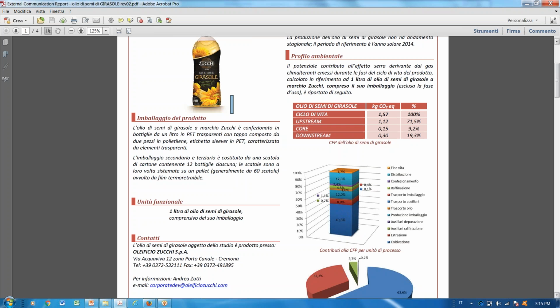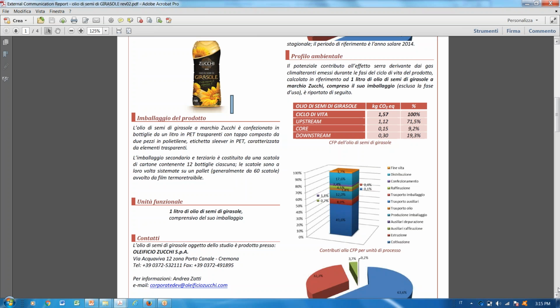Another problematic phase is distribution, because of the emissions produced by vehicles. And then there is another contribution from transport of other materials.